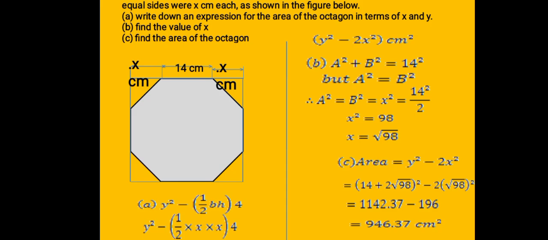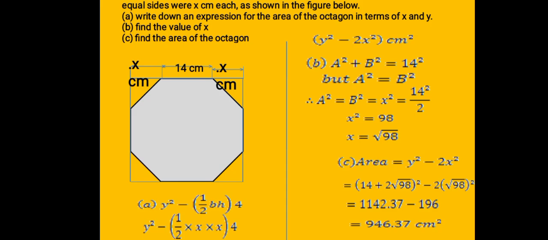Now, the details have been illustrated below. The octagon the girl wanted to make has been illustrated. We have x, the size of the isosceles triangle the girl made.